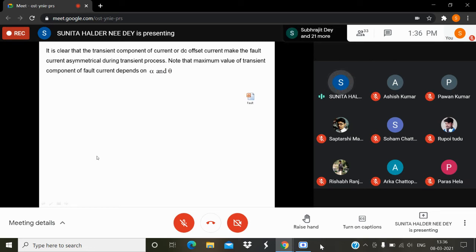So the current is asymmetrical, while the three phase currents are balanced. Can you follow me? Yes, ma'am. Understood? Yes, ma'am. When I have said asymmetrical fault, I have not said that the current is asymmetrical. I have said that the currents are unbalanced, so we need symmetrical components to analyze that.